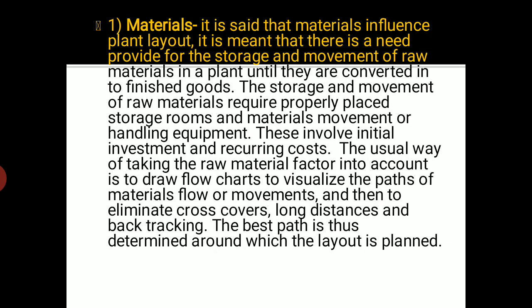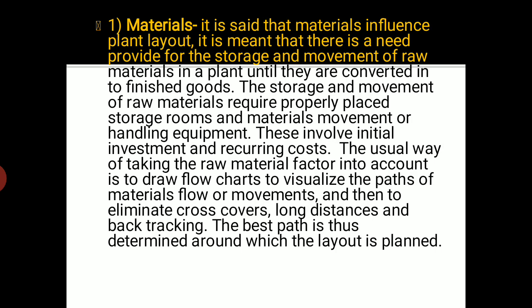Say suppose the first and foremost that comes up in the list is materials. Now what is this materials? It is said that materials influence plant layout. It means that there is a need to provide for the storage and movement of raw materials in a plant until they are converted into finished goods. Naturally, if you remember the first chart of this syllabus, that was raw material, process and output, right?